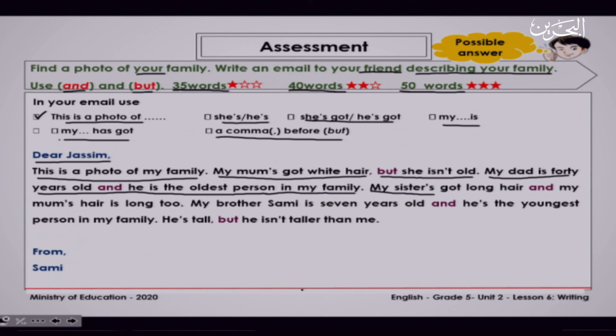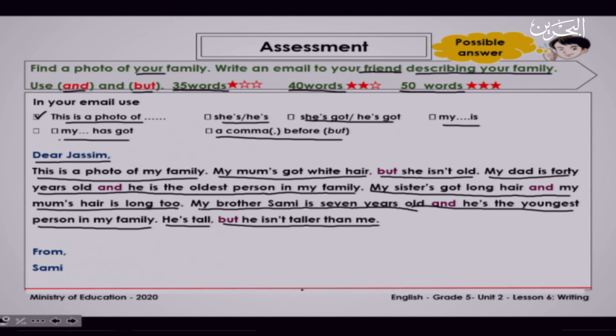My sister's got long hair and my mom's hair is long too. My brother Sami is 7 years old and he's the youngest person in my family. He's tall, but he isn't taller than me.